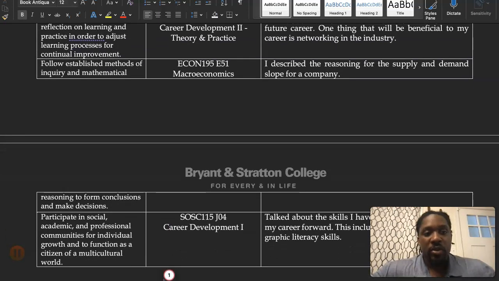Next, we had to follow established methods of inquiry and mathematical reasoning to form conclusions and decisions. This was done in my microeconomics class. I was to describe the reasoning of supply and demand slopes in a company.